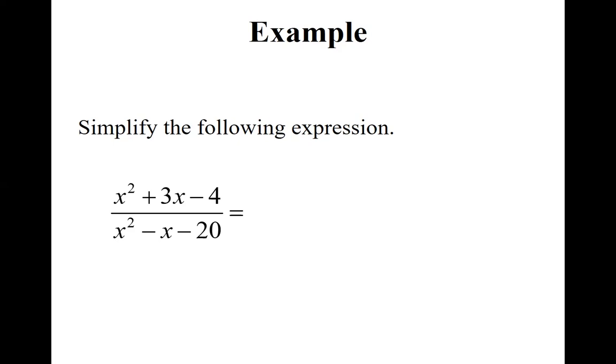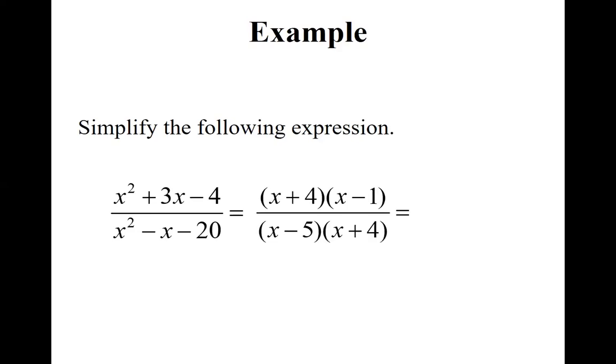We need to factor the bottom completely. On top, we need numbers that multiply to -4 and add to +3. That's +4 and -1. On the bottom, we need numbers that multiply to -20 and add to -1. That's -5 and +4.